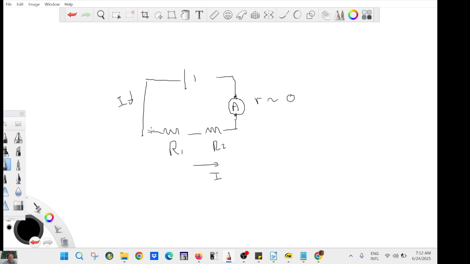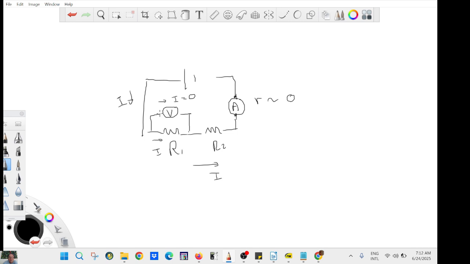And then if you want to measure the voltage, you place your voltmeter here in parallel with your load. So you can find the voltage across that load. And you don't want that to act like a short, right? You don't want current going through here. So you need a very, very large resistance.